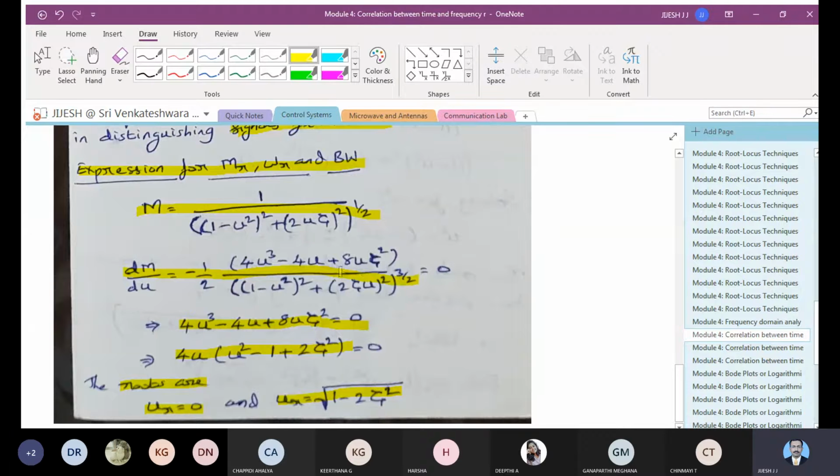You can keep a note of these things. We took the previous equation for the magnitude and differentiated with respect to u. So all of you can complete it.